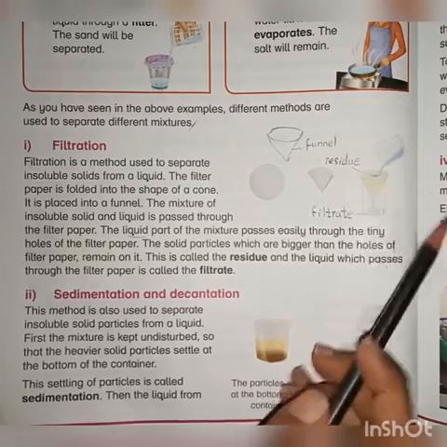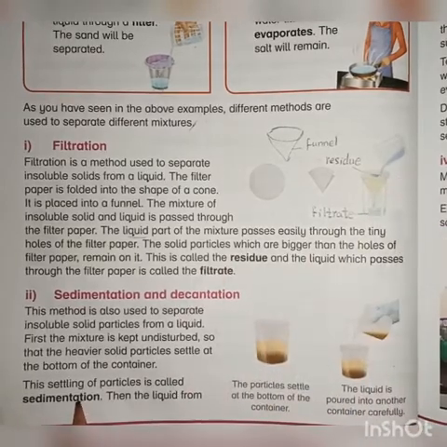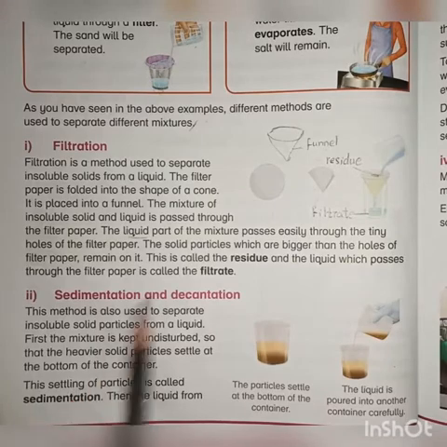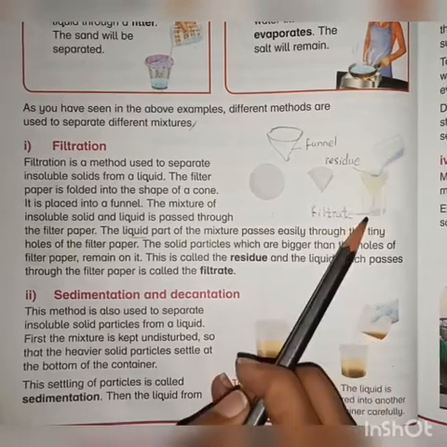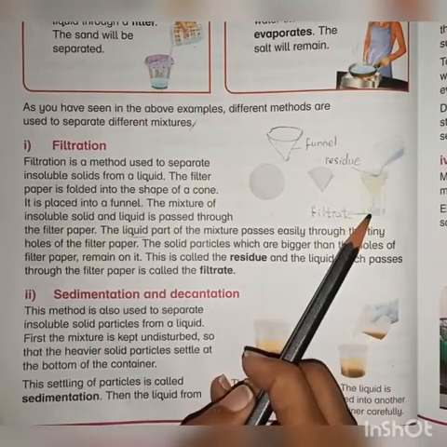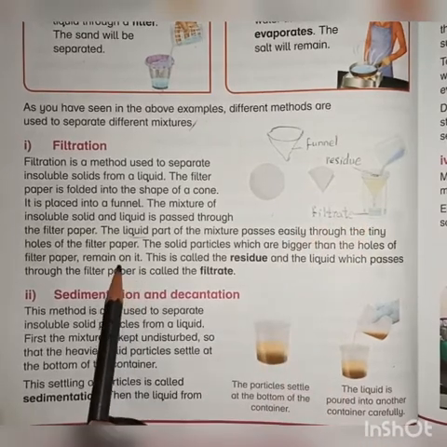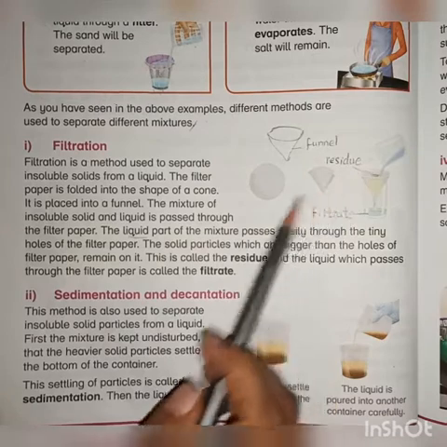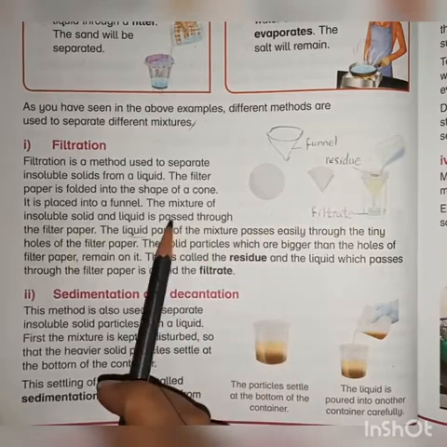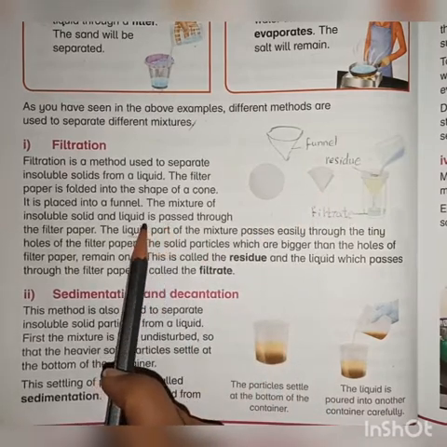The liquid part of the mixture passes easily through the tiny holes of the filter paper. You can see the liquid part easily passes through the filter paper, and the solid particles will not pass through the filter paper because solid particles are bigger than the holes of filter paper.